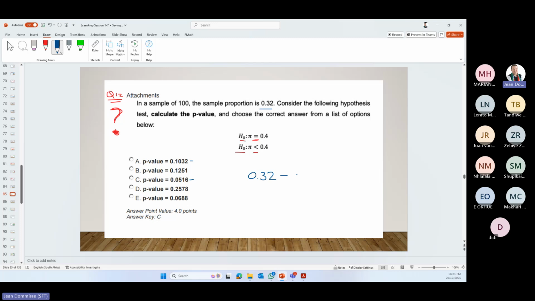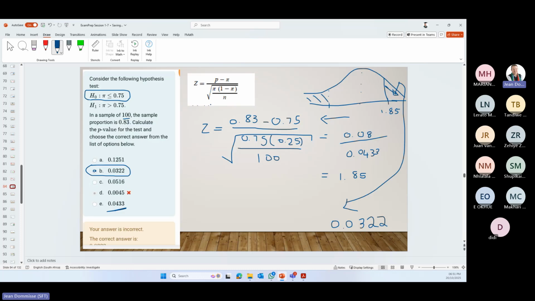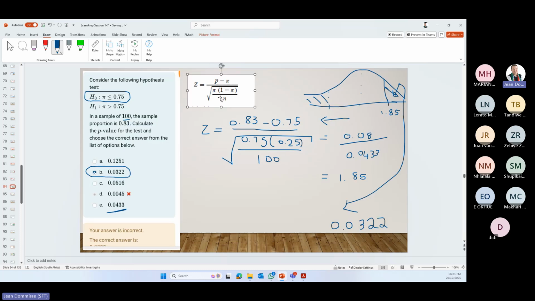Okay, so 0.02 minus 0.4, and then let's just copy that proportion formula in.